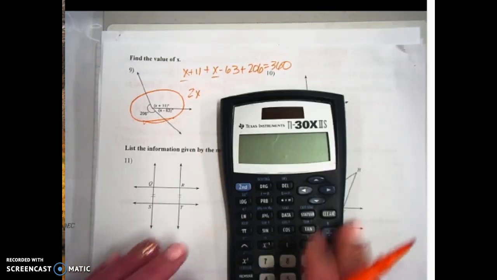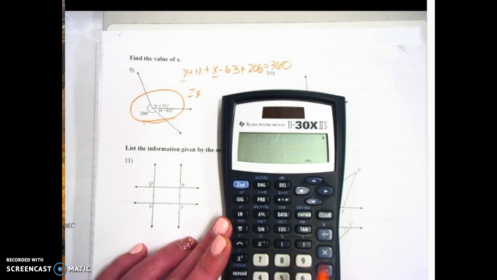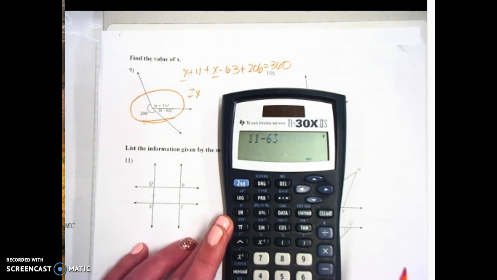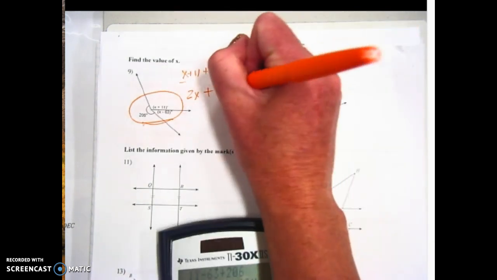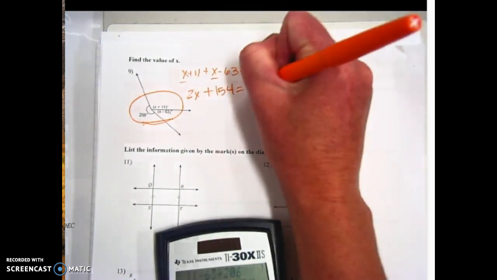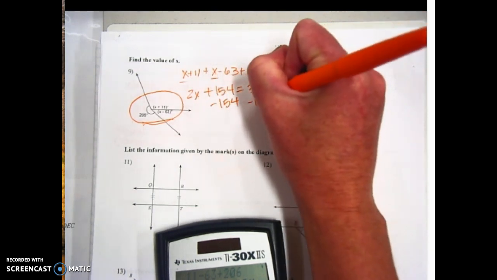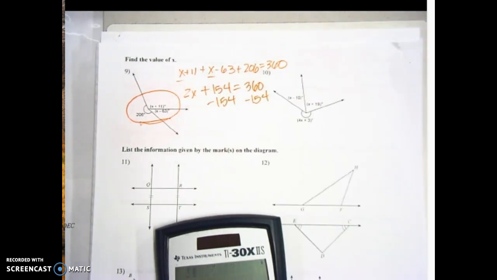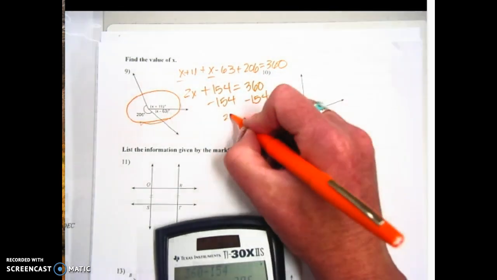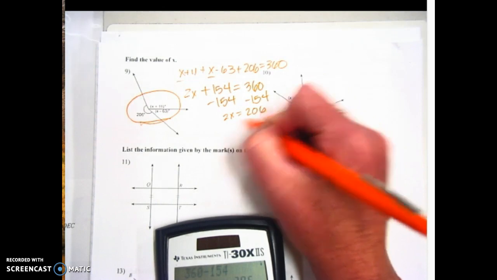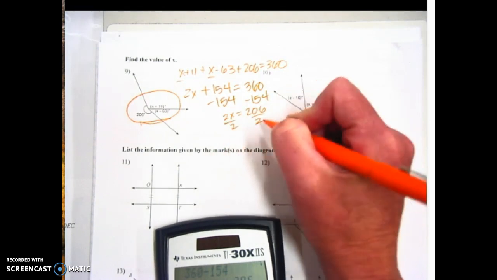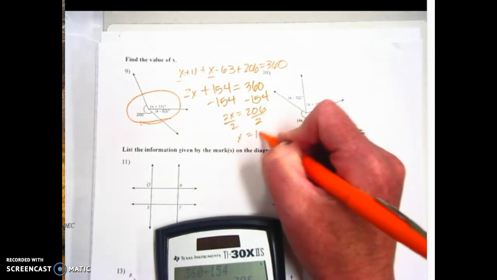And then you've got, what? 11 minus 63 plus 206. So 154. So subtract that 154. 360 minus 154 is 206. So 2x equals 206. Divide both sides by 2. I got 103.